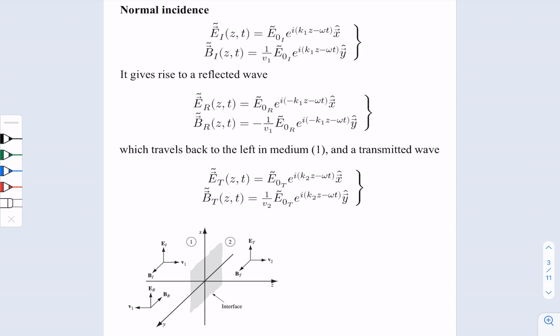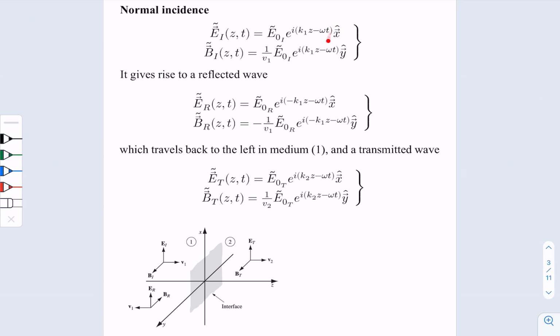That is, we first can pick the polarization of the electric field. The polarization vector of the electric field must be perpendicular to the B field, so it doesn't matter which direction it points, and we can define the polarization vector as along the x-axis.